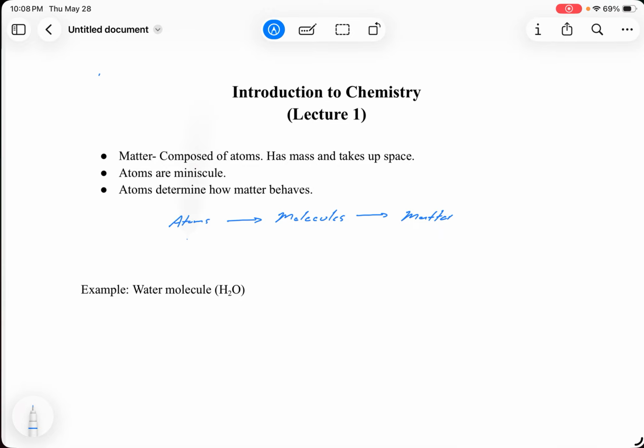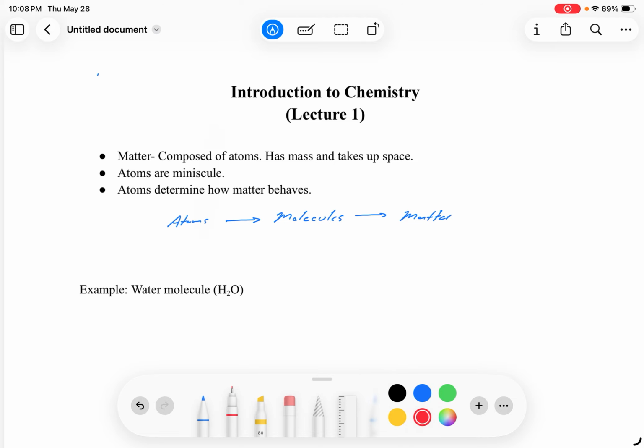Atoms and molecules determine behavior, and behavior also is going to determine the properties. We'll see that in an example.